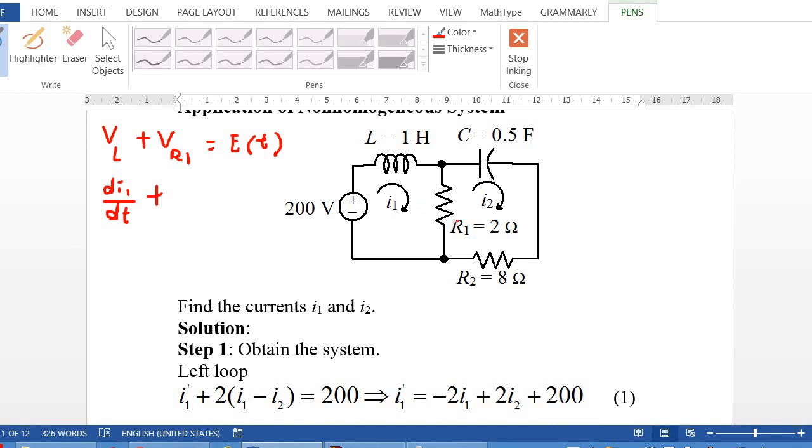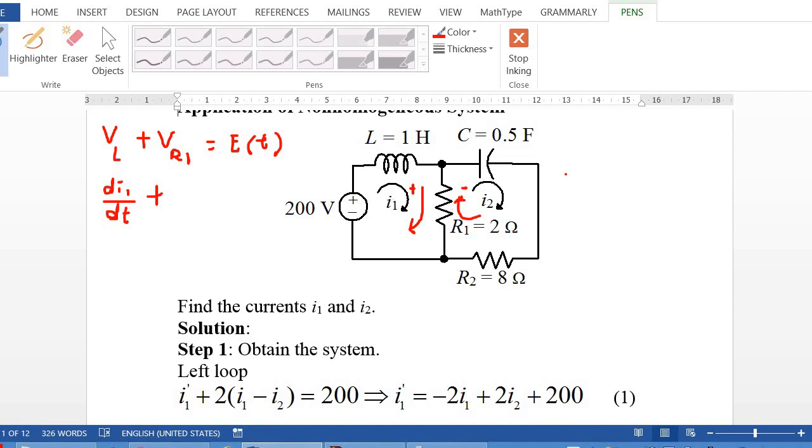VR1 is the current flowing through the resistor R1. We actually have two currents, one is I1 and another one is I2. I1 flows in the clockwise direction, so we consider it positive, and I2 is going down in the opposite direction, so it is negative.